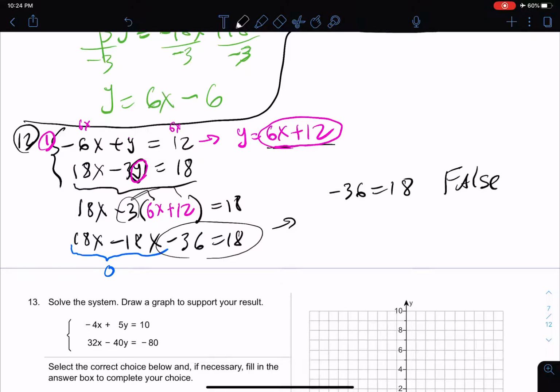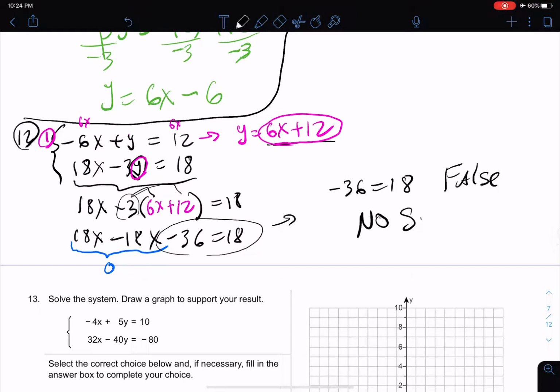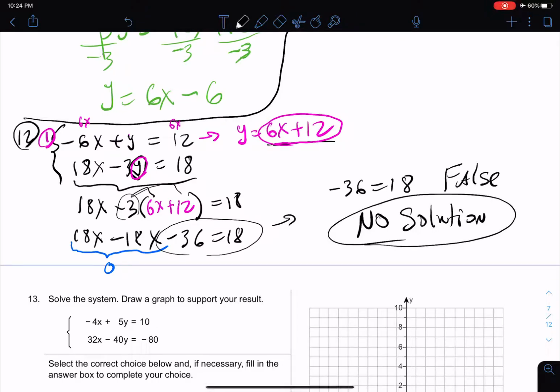And when the variables drop out and you have a false statement, we know that that means no solution. That kind of thing happened in chapter 1. We just didn't have two variables, but the same kind of thing happened. If the variables drop out and you have a false statement, it's no solution. If the variables drop out and you have a true statement, then it's infinitely many solutions in this case.